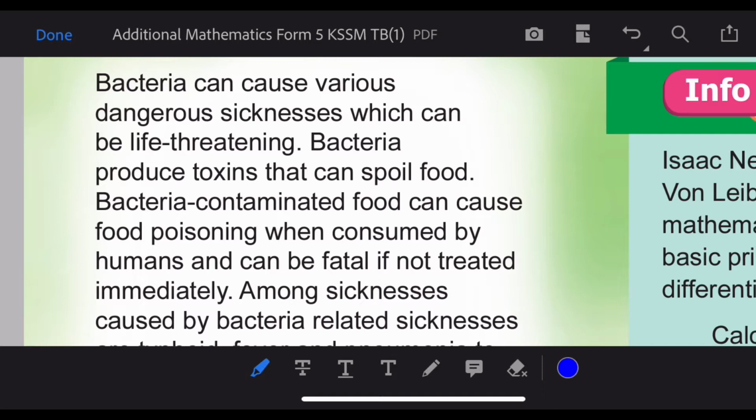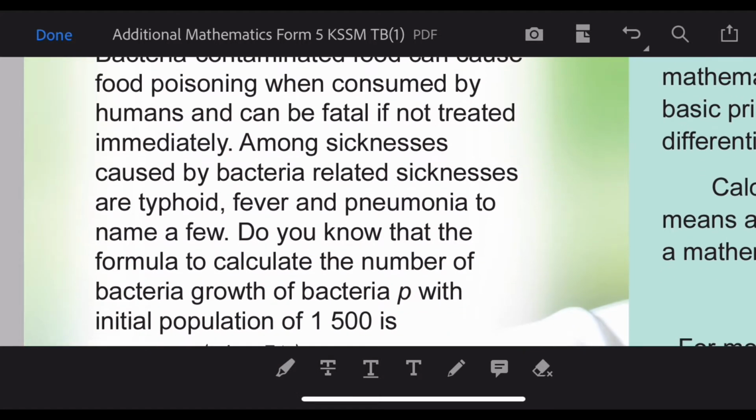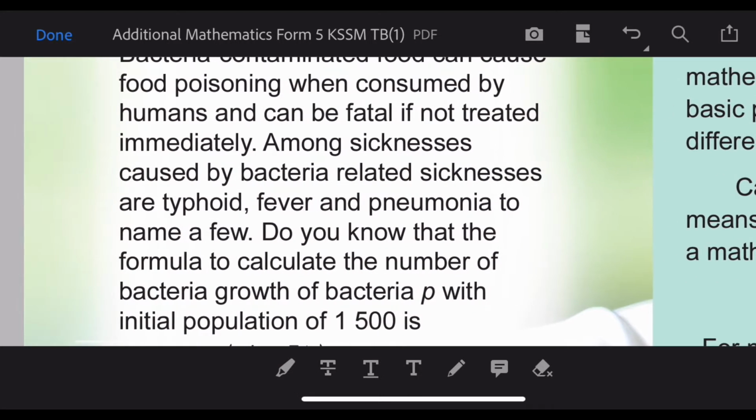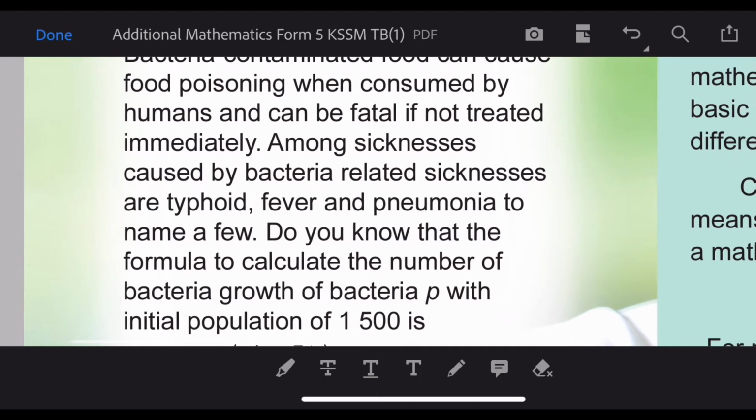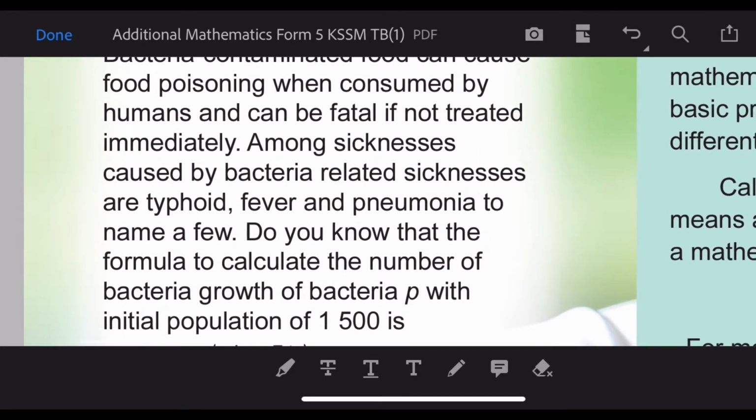Bacteria produce toxins that can spoil food. Bacteria-contaminated food can cause food poisoning when consumed by humans and can be fatal if not treated immediately. Sicknesses caused by bacteria include typhoid fever and pneumonia, to name a few.